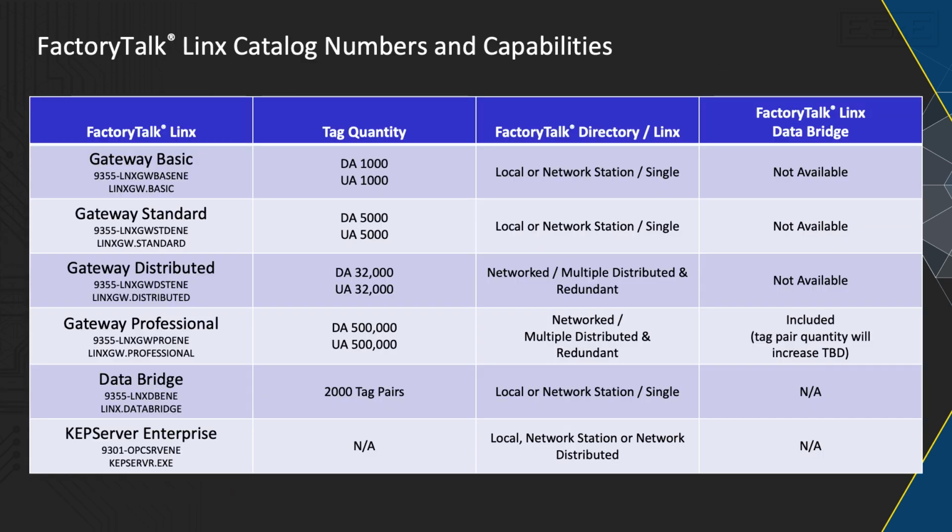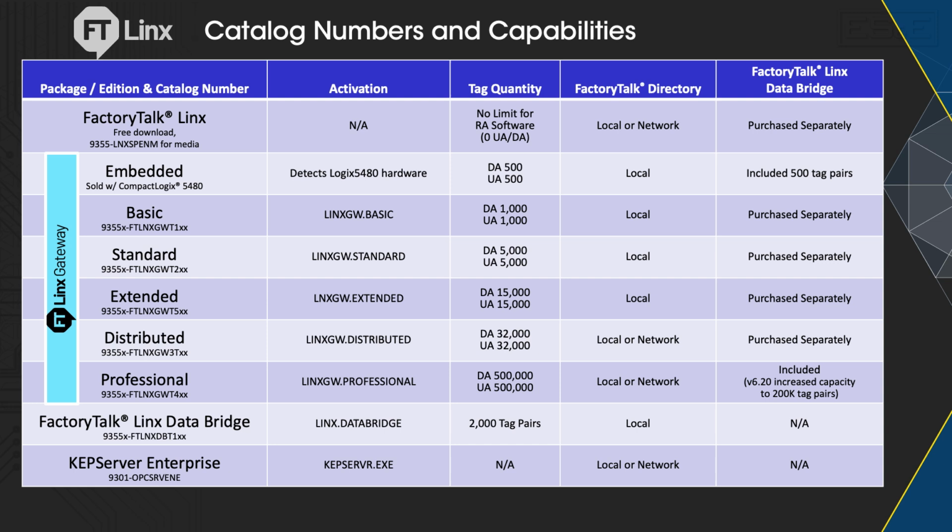These, again, are the different versions of FactoryTalk Link Gateway. Remember, if you're going to look at using extended tags, you have to use the professional version. This is the breakdown of the number of UA and DA tag capability that we can do. FactoryTalk Link, remember I told you we didn't charge for it. It's free to download. You can download it all day long. The problem is we don't do UA or DA out of it.